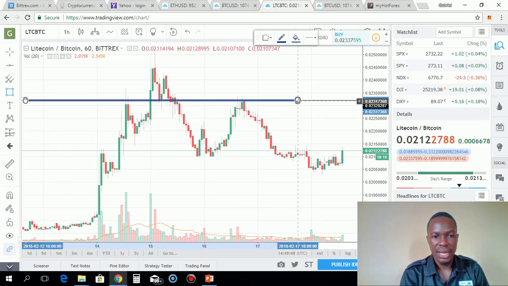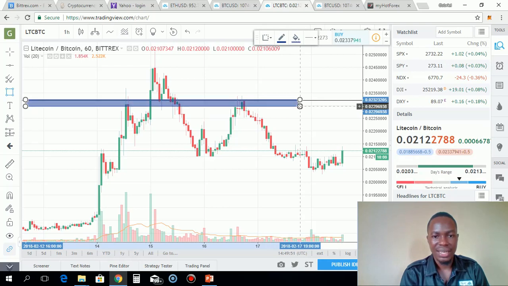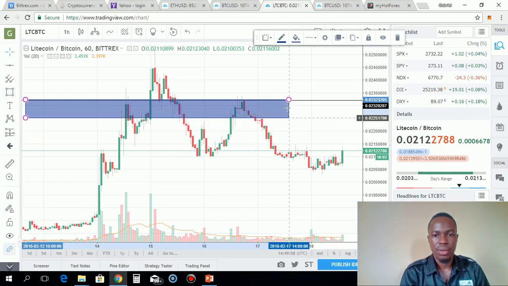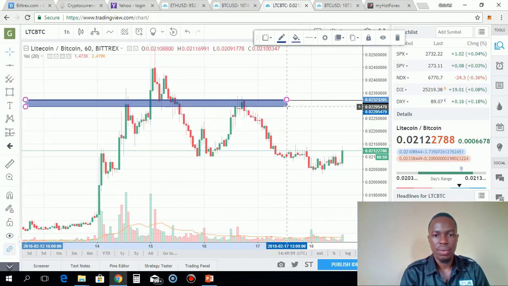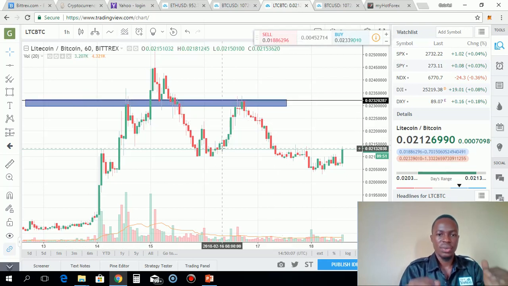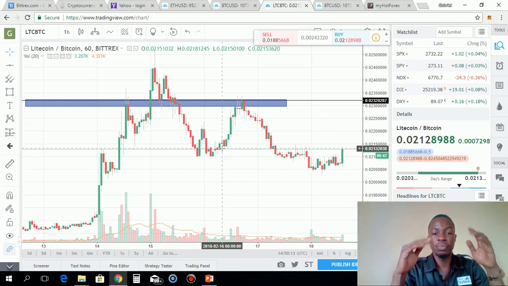So it's more like a zone rather than a straight line. Okay, I think we got it there. So this zone can be known as a zone of resistance. You can see that price is finding it difficult to go above that ceiling.